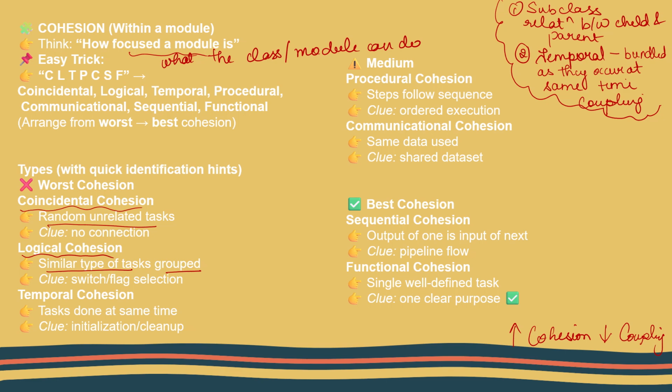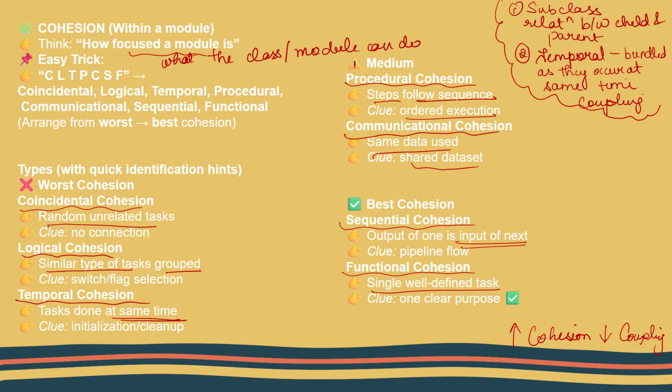In temporal cohesion, tasks are done at the same time. Procedural: steps follow sequence, ordered execution. Communicational cohesion: same data is used. That is a shared data set. Sequential cohesion: output of one is input of next. Functional is a single well-defined task, one clear purpose.